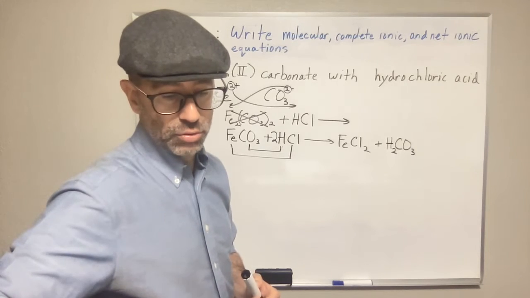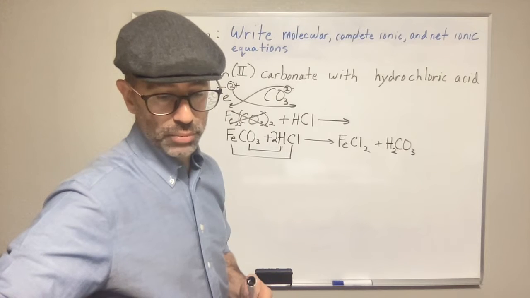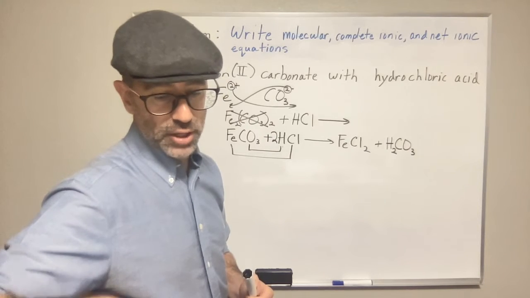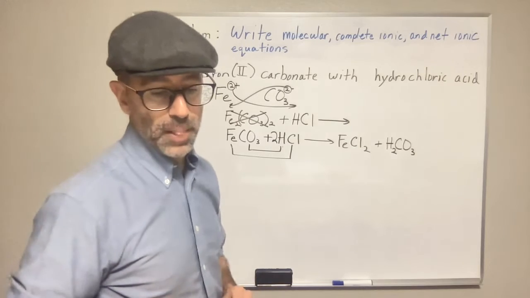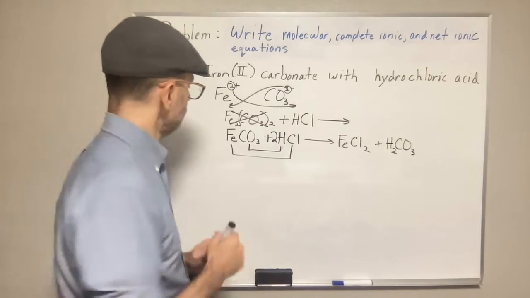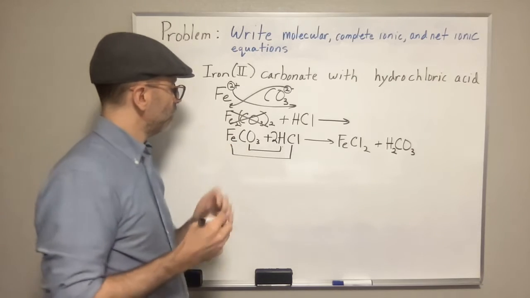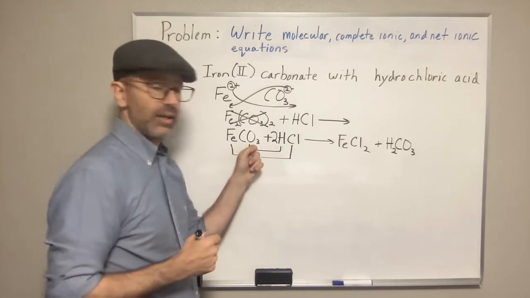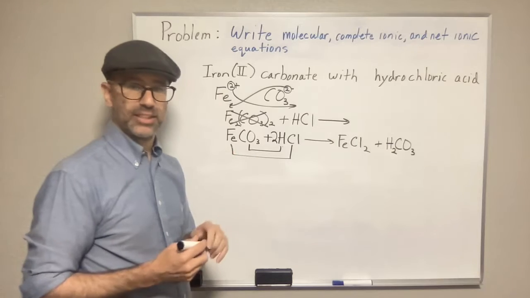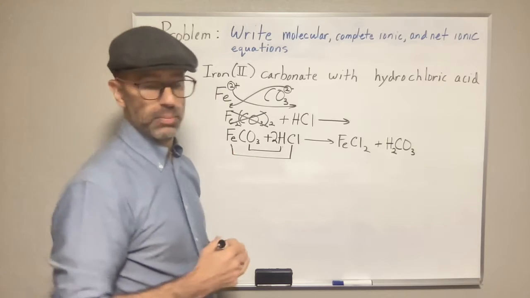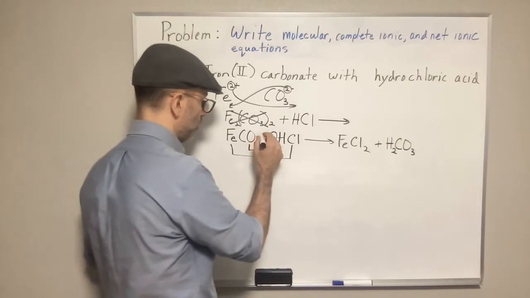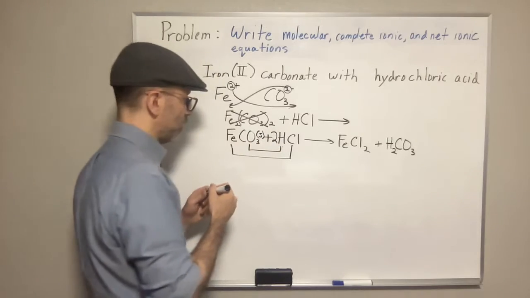Are there any other rules we need to worry about here? No, so that's the only one. So here, we have iron that is not a group 1 element, so iron carbonate, which is generally insoluble unless you have a group 1 metal. And so here, this is going to be a solid.